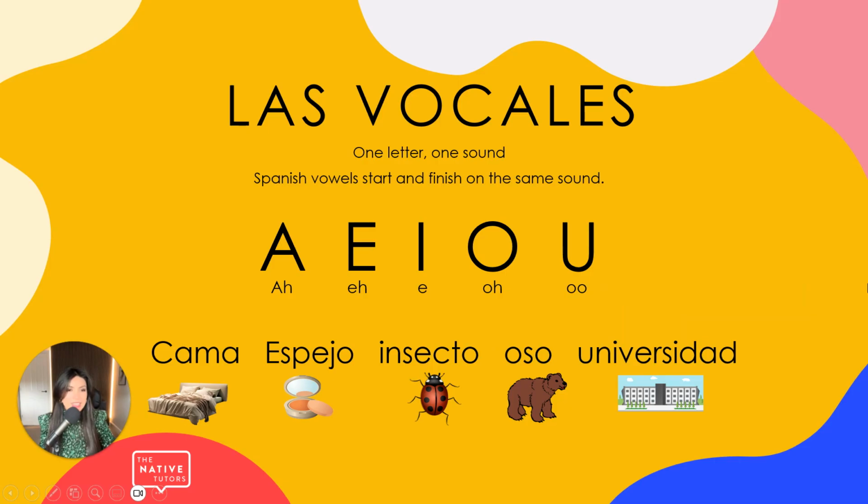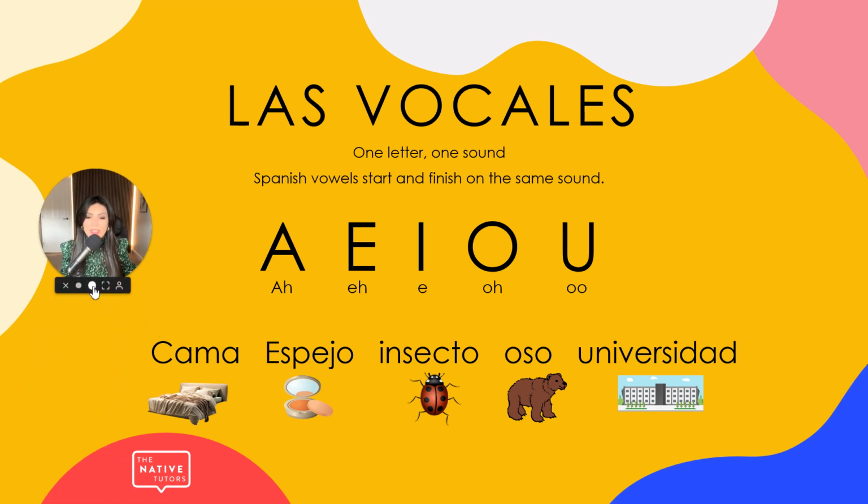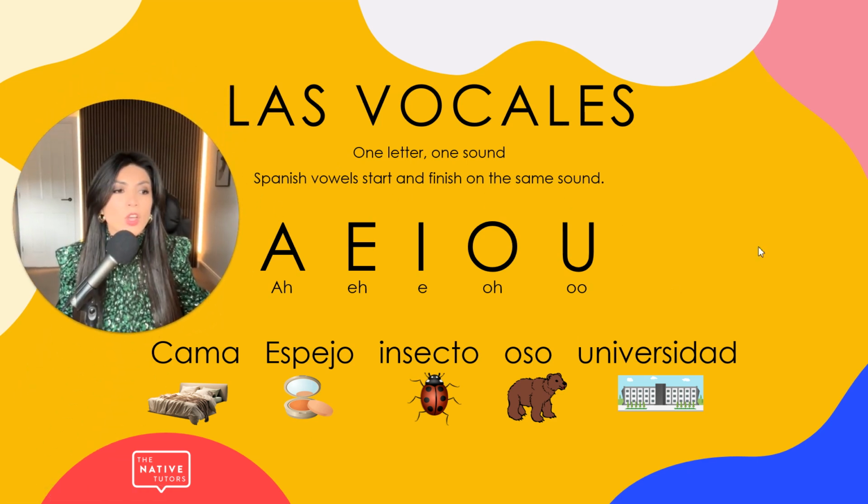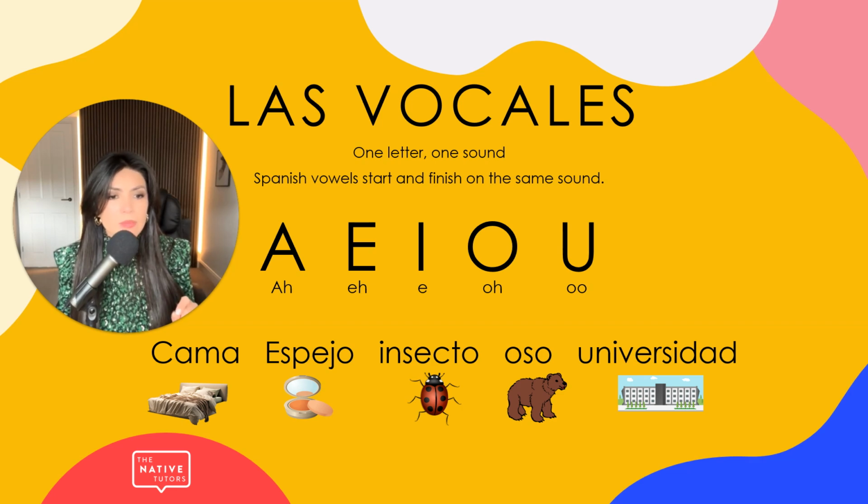Okay, so let's start with the vowels. Vamos a comenzar con las vocales, the vowels in Spanish. So, we have the same vowels, as you can see, as in English. The difference, and this is very important and it's key, is that in Spanish, the vowels have only one sound.